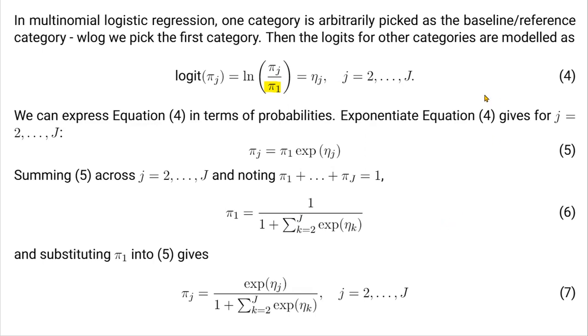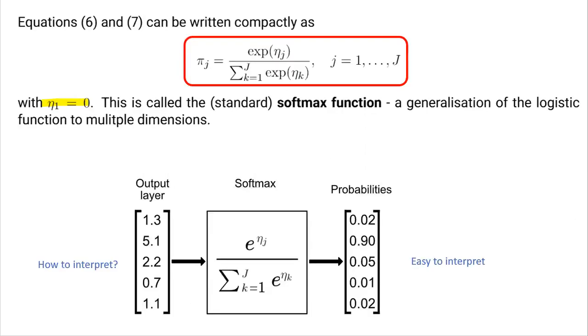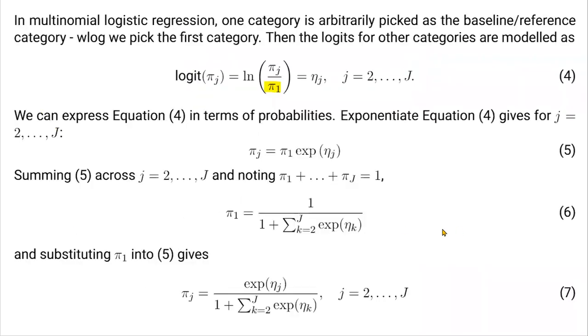Okay, I think this slide is actually easy to read without me having to say anything. And maybe if I was talking, that actually confuses things. But anyway, it's easy to follow, I think. So 6 and 7 can be written more compactly, now for all categories, like this, but with the proviso that eta 1 is set to 0. You have to do that to recover equation 6.